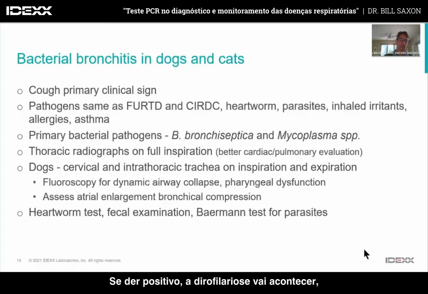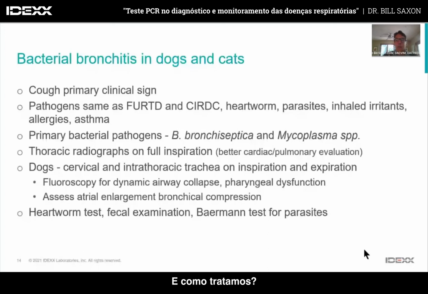And if it's positive, it would tell you the cat's been exposed, the larval forms are working their way to the heart, or the cat has heartworm, or it had heartworm. So at least you know that heartworm's in the mix, and it's time to maybe get an echocardiogram, at least get the cat on preventive, that sort of thing. So in cats for heartworm, the feline heartworm panel, including both antibody and antigen testing, can be super helpful.